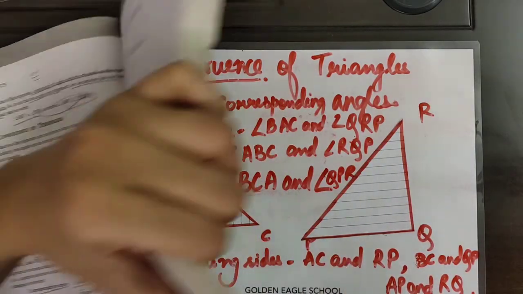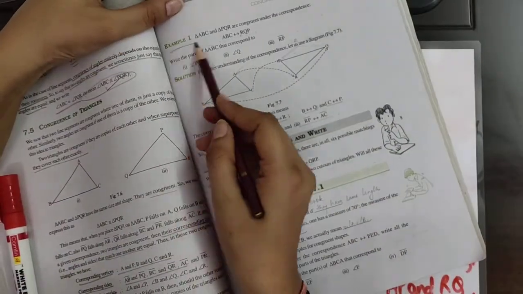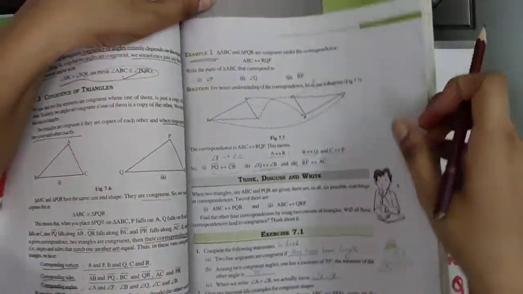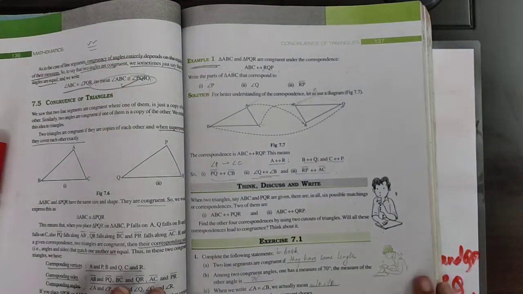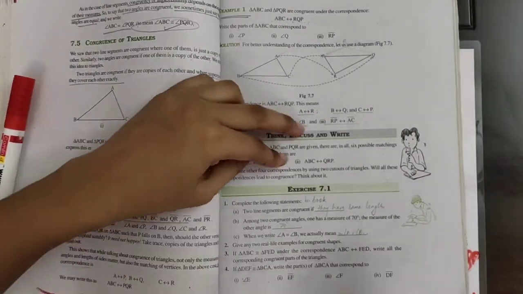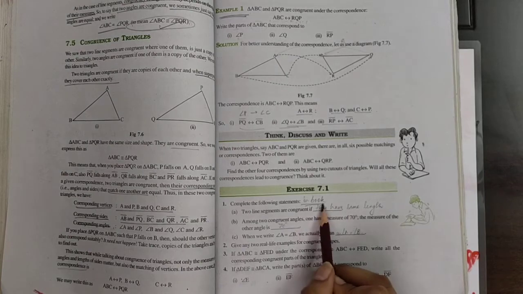This example is similar to the one given on page number 137. Now moving on to exercise 7.1. You can do this in the book only.